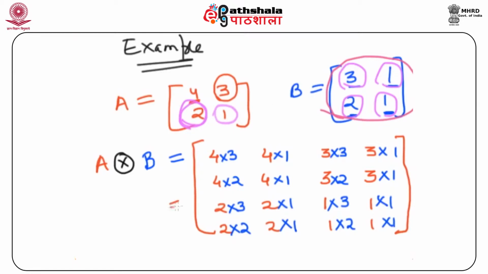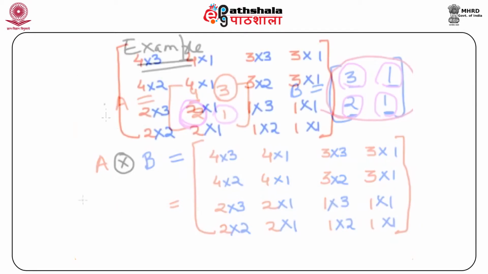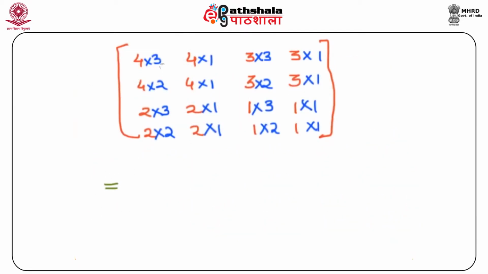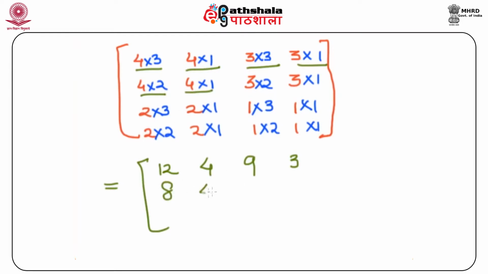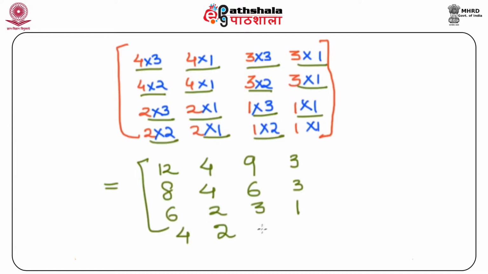That is, you can clearly solve it further. So what we get, you can clearly see, is now 4 into 3, you get 12 here, 4 into 1, you get 4 here, 9 here, 3 in place of this, then 8, 4, 6, 3, 6, 2, 3, 1, 4, 2, 2 and 1.